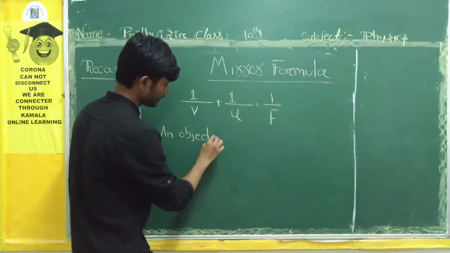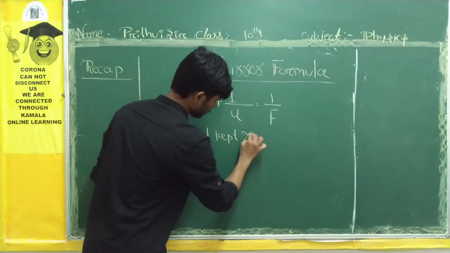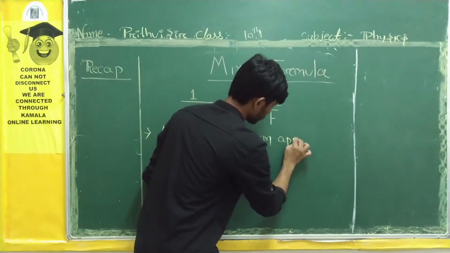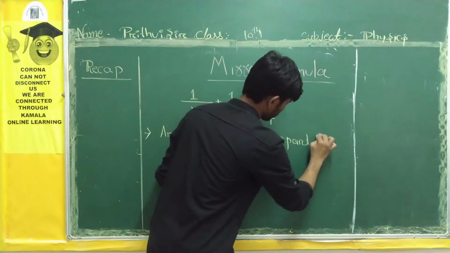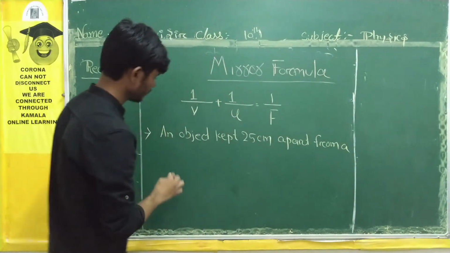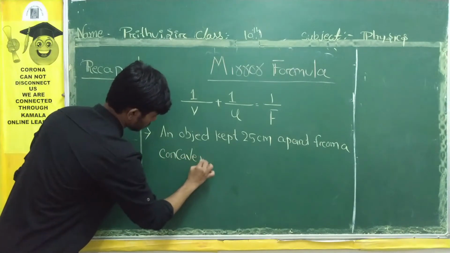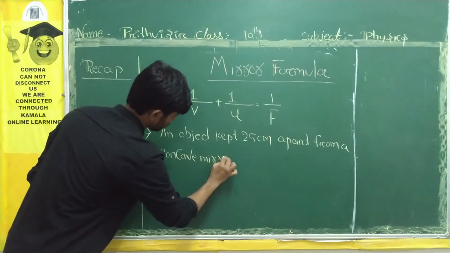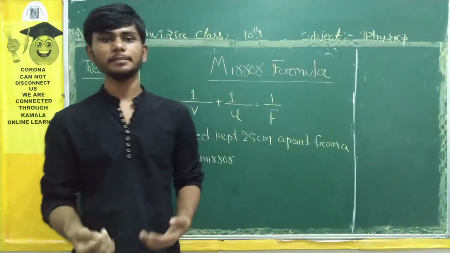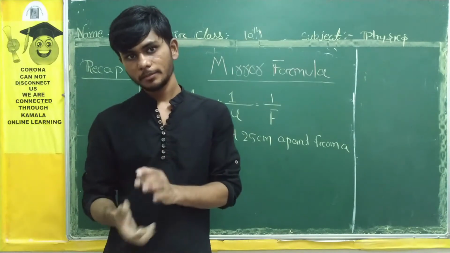An object is kept 25 centimeter apart from a concave mirror.